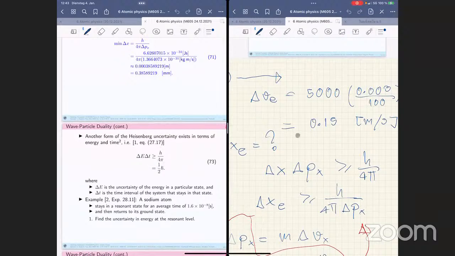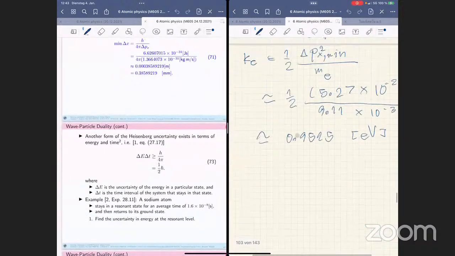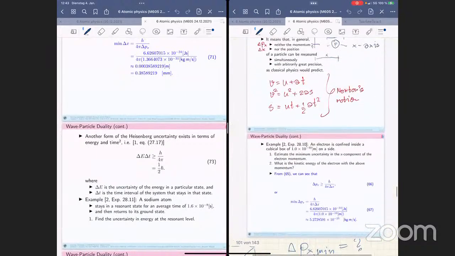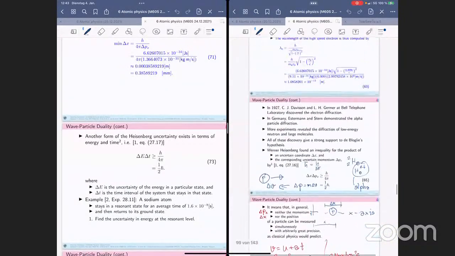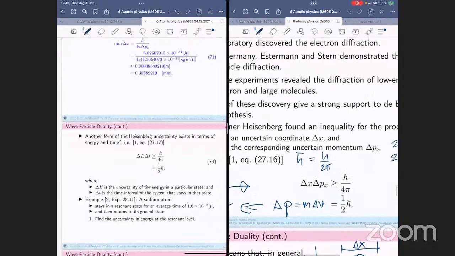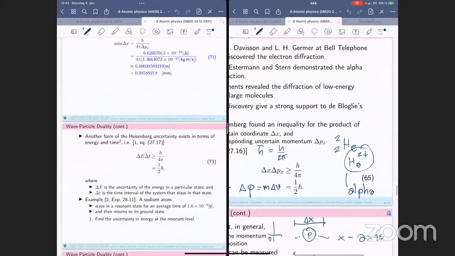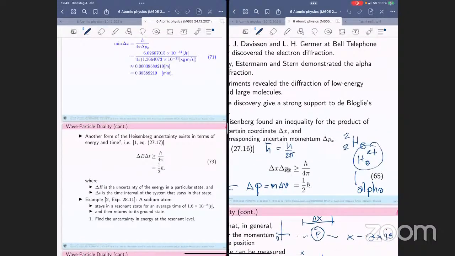All right, in 65, you can see that the product of the difference between location along the x-axis and the momentum along the x-axis, the product of these two quantities, is always greater than, or not less than, h by 4 pi, or h/2 pi, right?